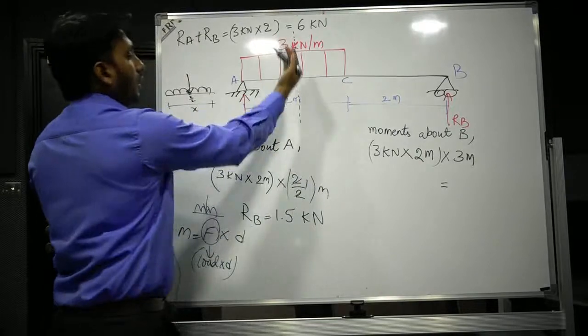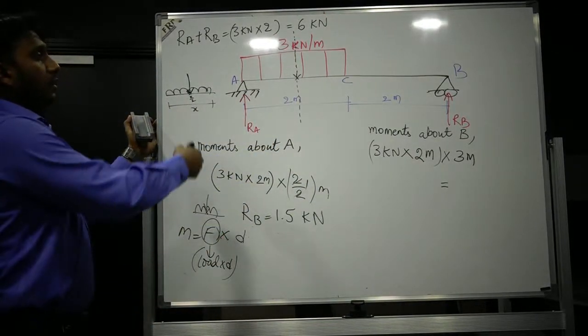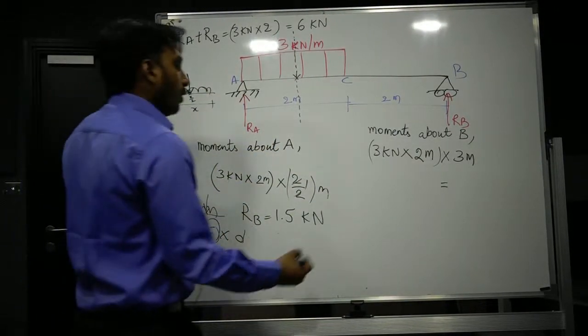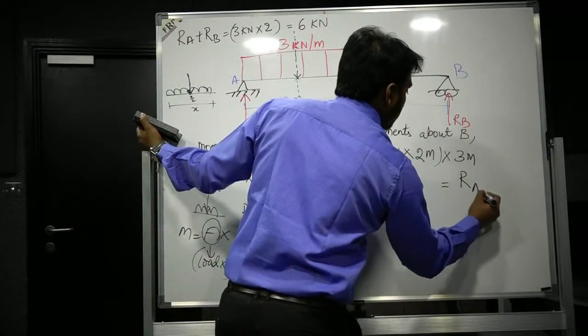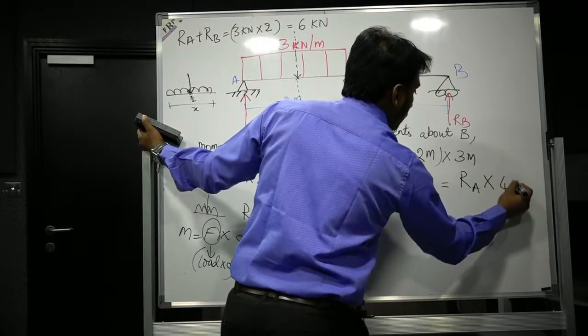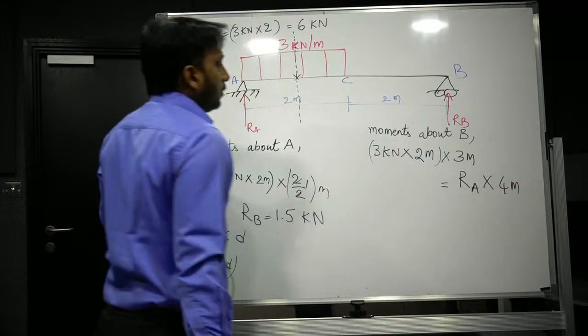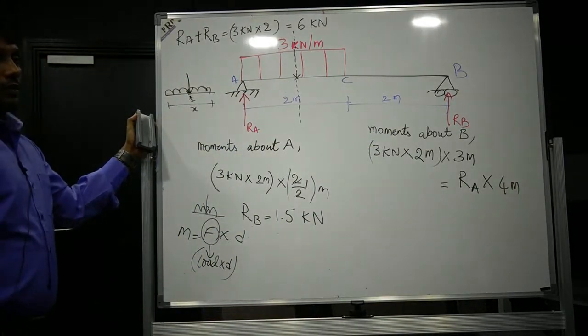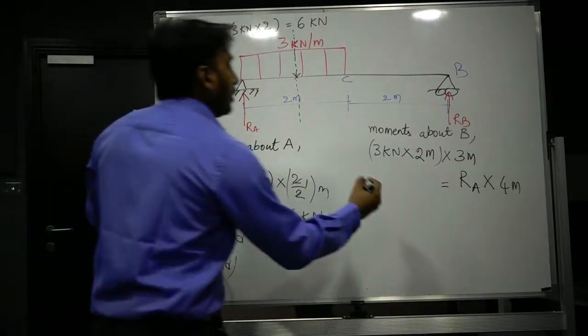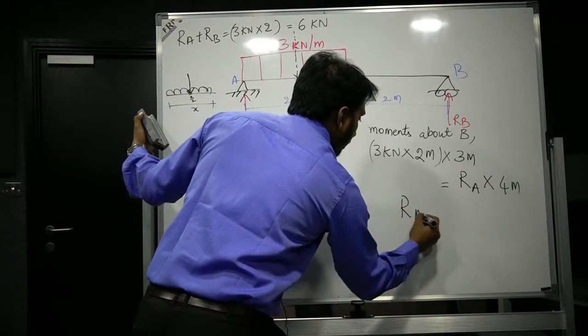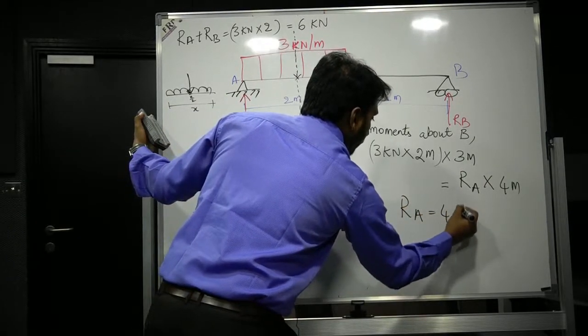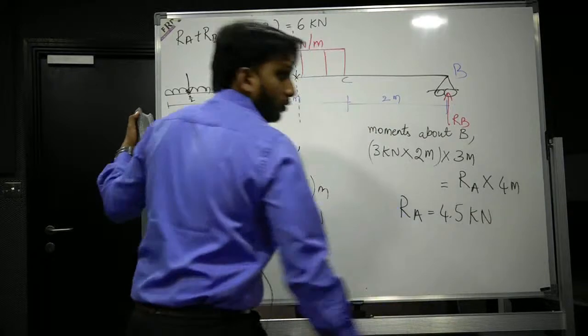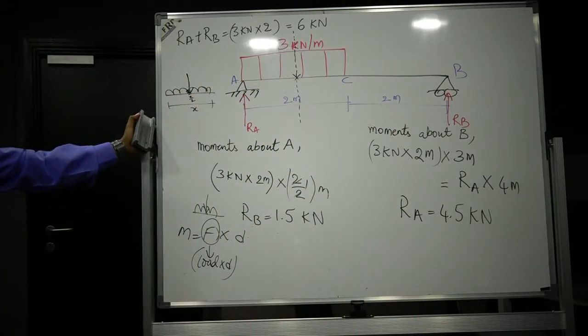From RA it is RA multiplied by 4 meter. If you solve this equation, we will get RA equal to 4.5 kilonewton.